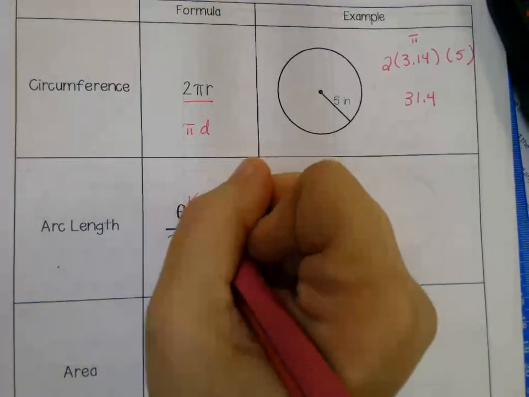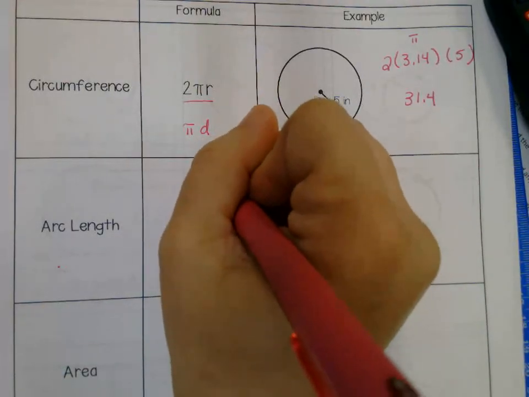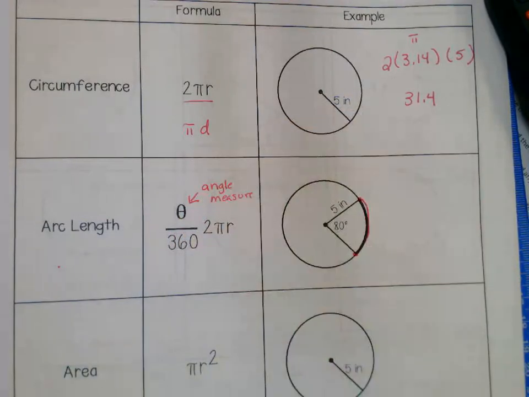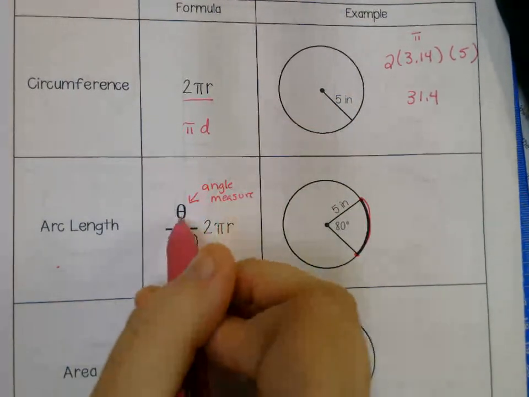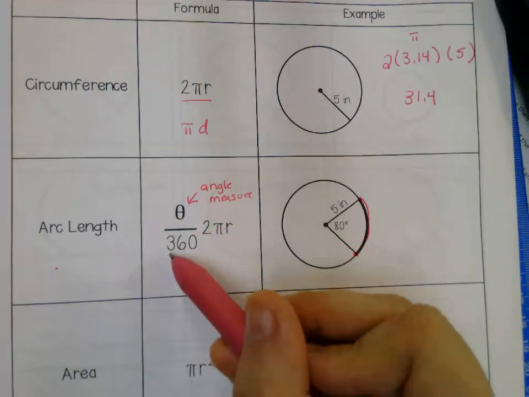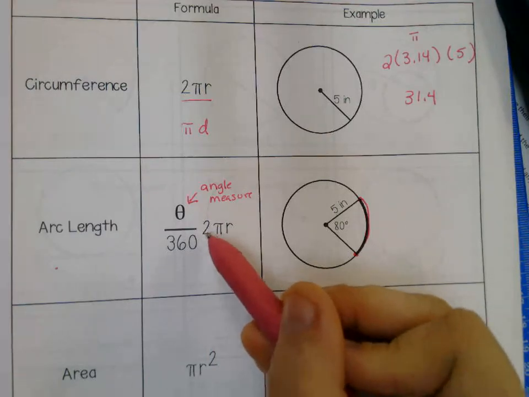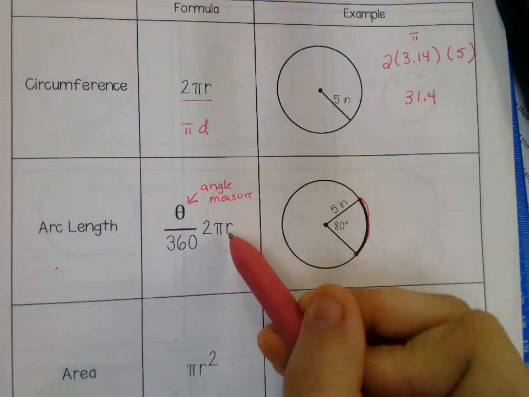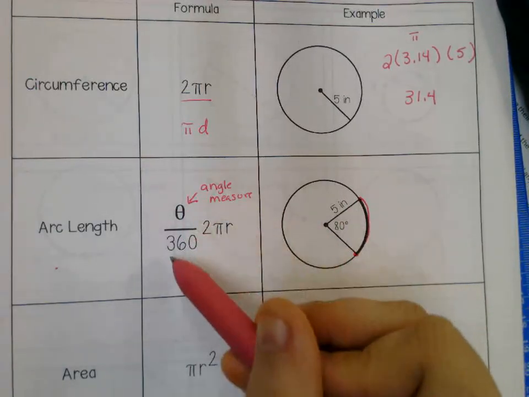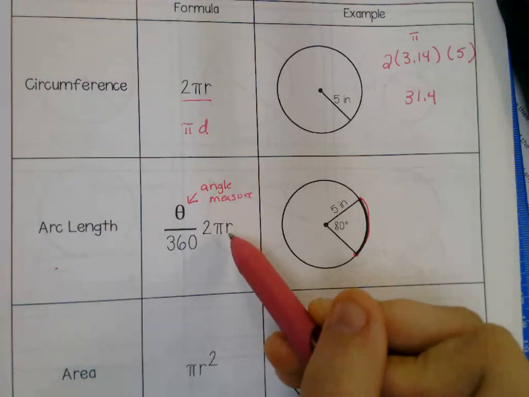This little symbol right here, you may not be familiar with, but this means angle measure. So whatever your angle measure is, you're going to put in there. You're going to divide that by 360, and then you're going to multiply times 2 times pi times your radius.